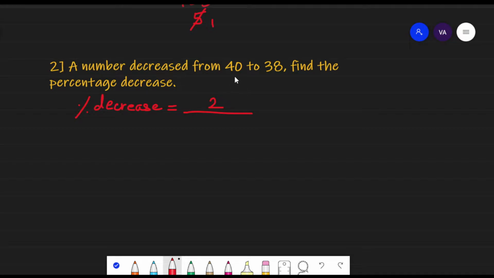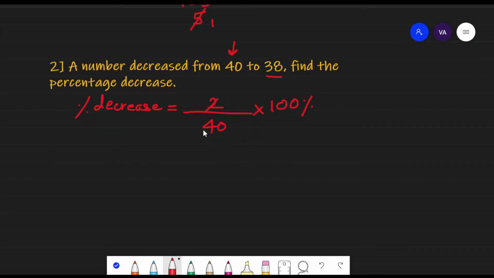Remember which you will take as the original quantity. The number has decreased from a bigger number, 40, to 38. So originally it was 40. Unless it was 40, it won't decrease to 38. So the original is 40, into 100%.